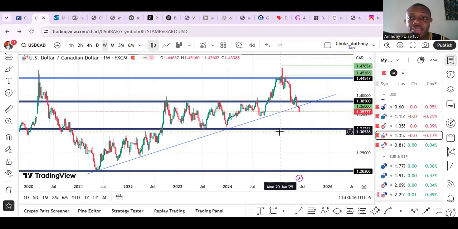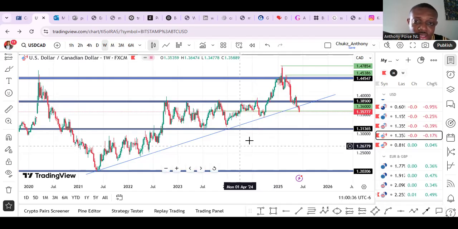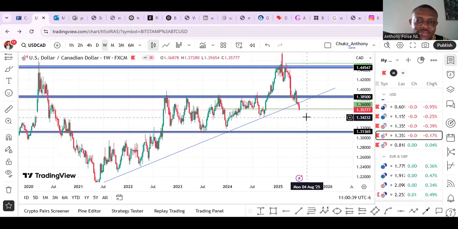I keep tabs of all the pairs I trade, and for me it's better to keep tabs of all the pairs you trade. Don't be in a hurry to delete your levels. There are some levels I have here that are major levels, and some that are minor levels. Major levels I don't ever delete them.